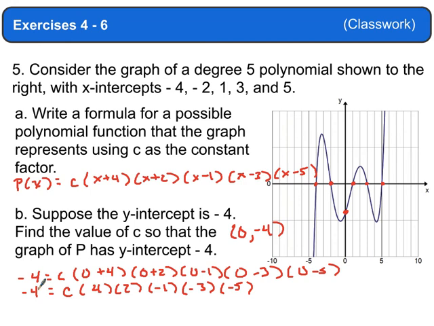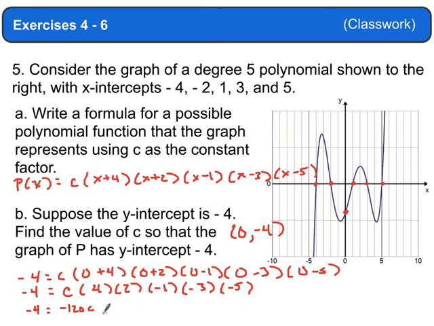So we multiply all that together, and we're going to get -4 equals -120c. So that means we divide by -120 on the other side.